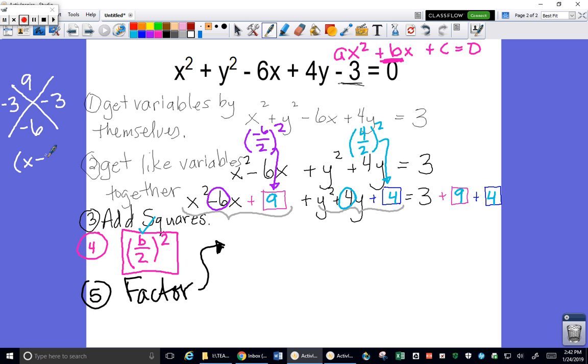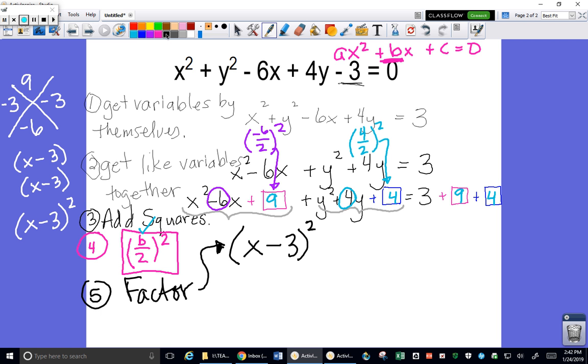So this gives me an x minus 3 as one factor and an x minus 3 as another factor. Now, mathematically, when we have two of the same factors, we write it as one factor squared, which is exactly what we want when we're writing down our circle equation. We want to have something squared. So x minus 3, squared.